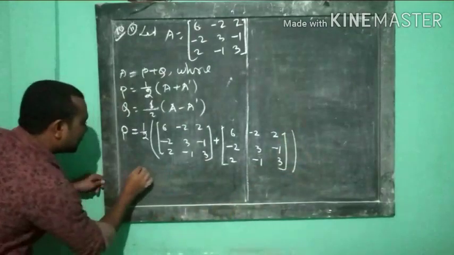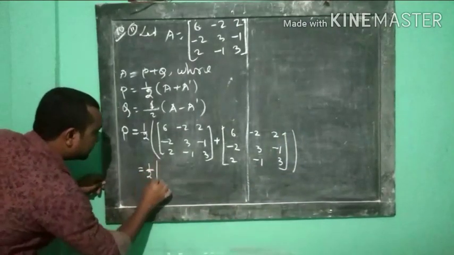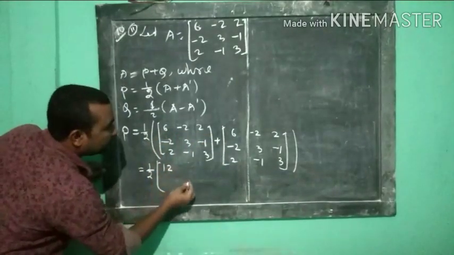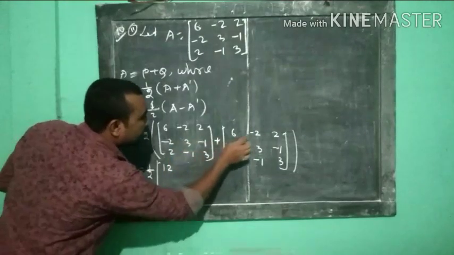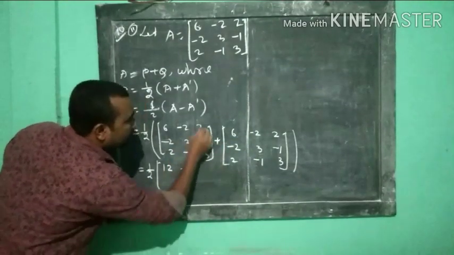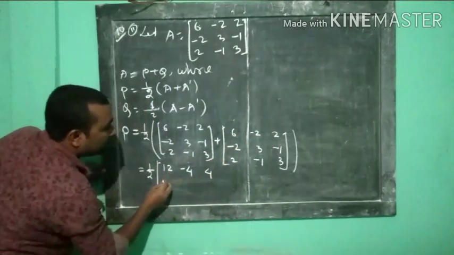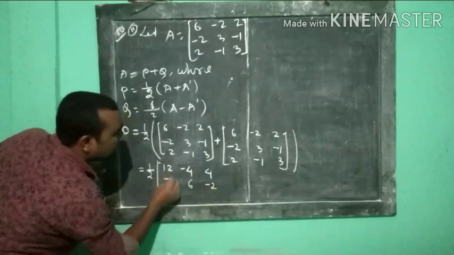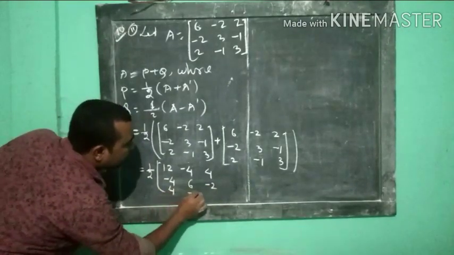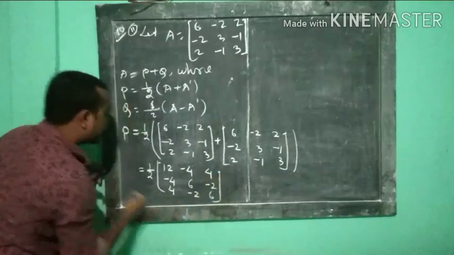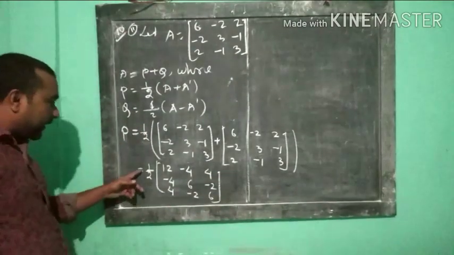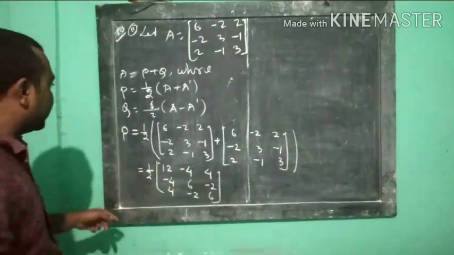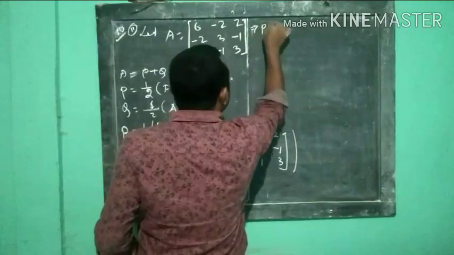So this is equal to half of, if we add these two, 6 plus 6 is 12, minus 2 and minus 2 is minus 4, 2 plus 2 is 4, minus 4, 6, minus 2, 4, minus 2, 6. If we divide each element by 2, then we get P.